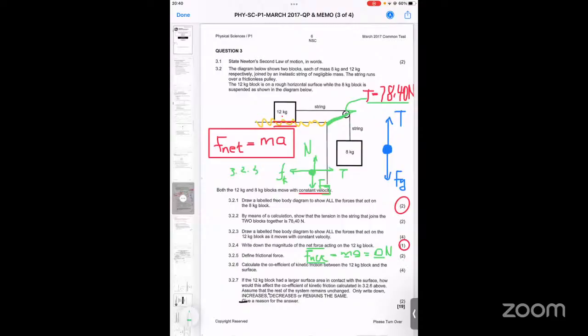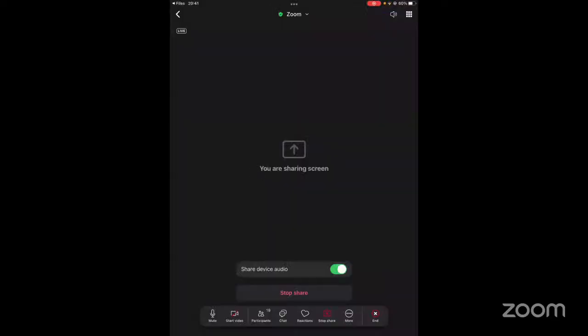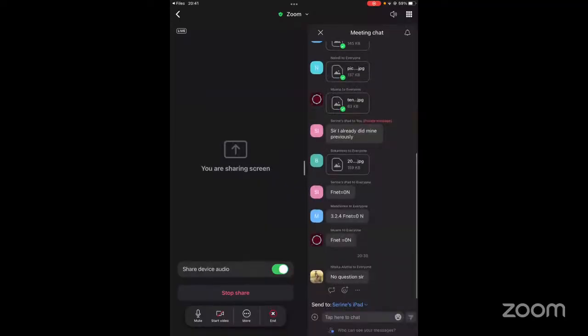So now 3.2.6, they want you to calculate the coefficient of kinetic friction between the 12 kg block and the surface. There is a question that you need to work on. I will give you enough time to work on that one. Maybe let me give you 5 minutes to work on it.